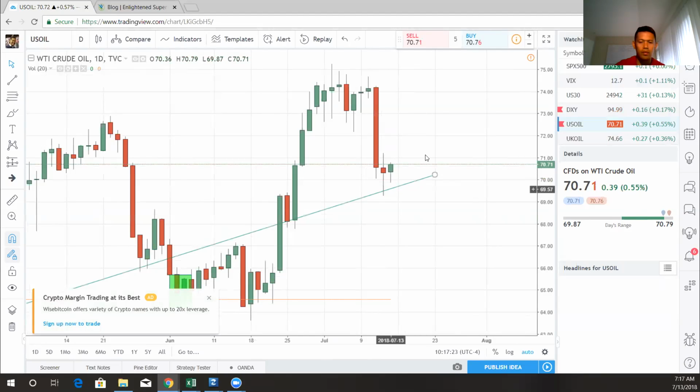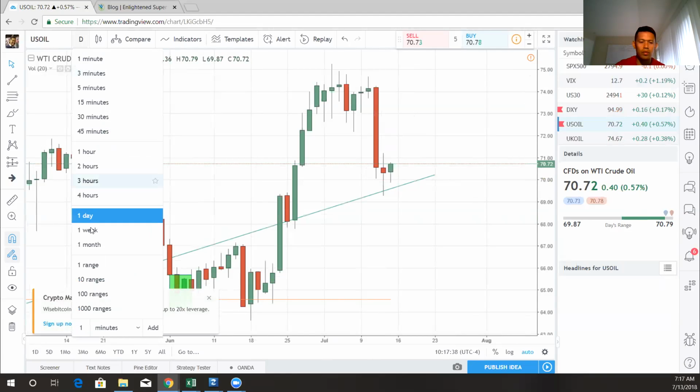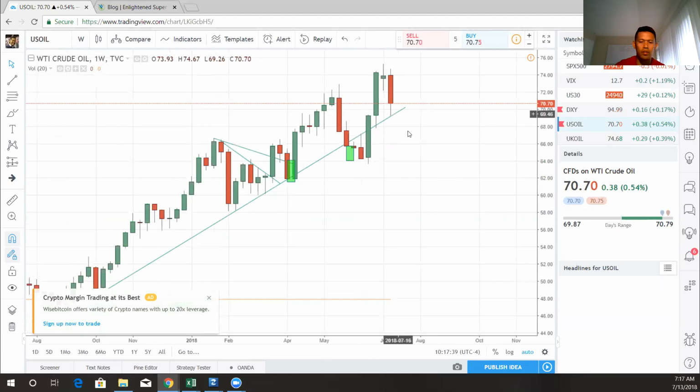So higher low, lower high, short term bullish before it can continue either to the downside to create another higher low or a new higher high. Okay, so that's short term bullish, medium term bearish, to longer term bullish.